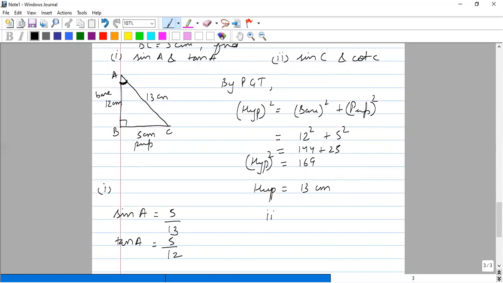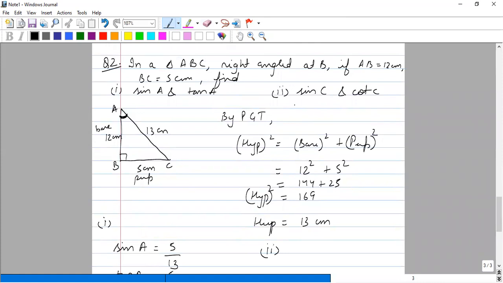Then second part. In the second part, we have to take the acute angle C for observation. All right. If the acute angle is C, then the base and perpendicular will interchange, because the acute angle which we have to take into consideration for applying the ratios is formed between base and hypotenuse.